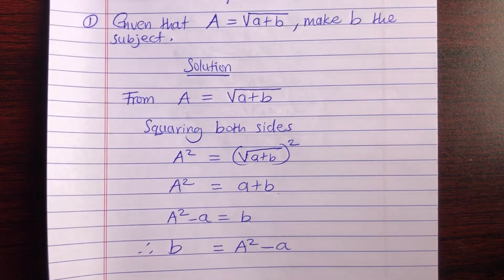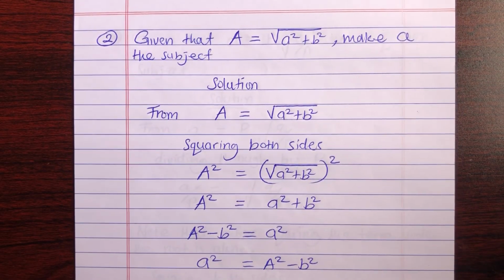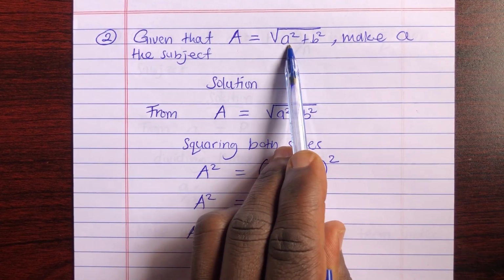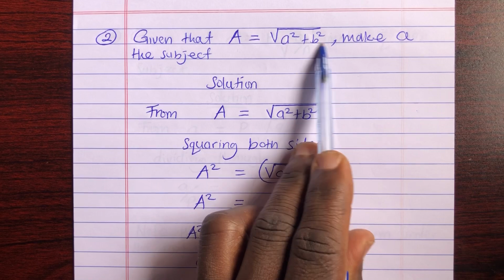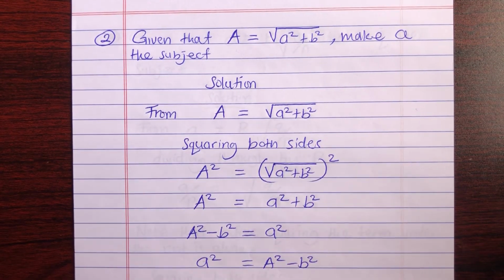Let us look at other examples. In example 2, we are given that A equals the square root of a squared plus B squared. So they want us to make small a the subject.